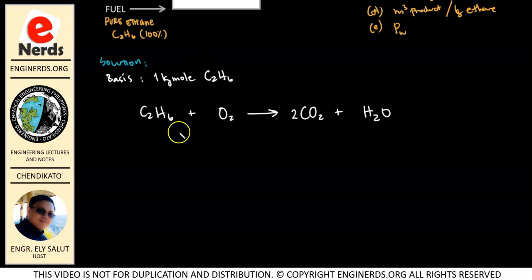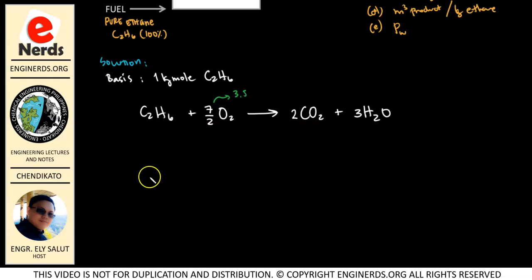We have 6 hydrogen in our reactant, so we need 6 hydrogen in our product, which we get by adding 3 as the coefficient for water. Now we need to balance our oxygen. In our product we have 2 times 2, which is 4, plus 3, so we have 7 oxygen. So we will have 7 over 2 for our oxygen, which is also 3.5.